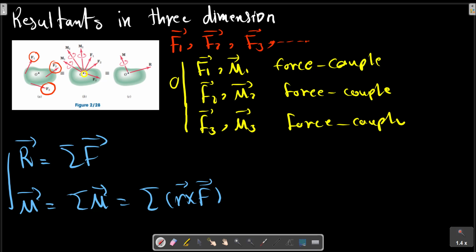The couple vectors are shown in this picture, but because they are free vectors, they may be represented in parallel positions.